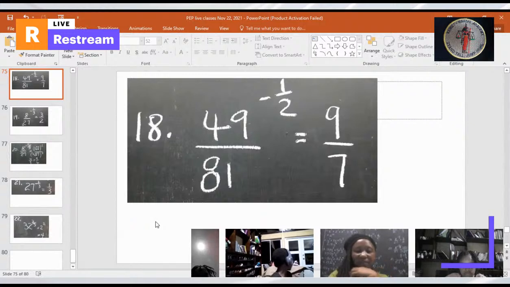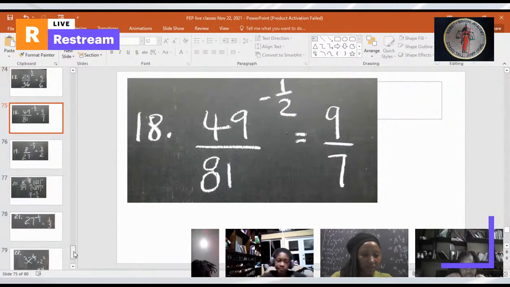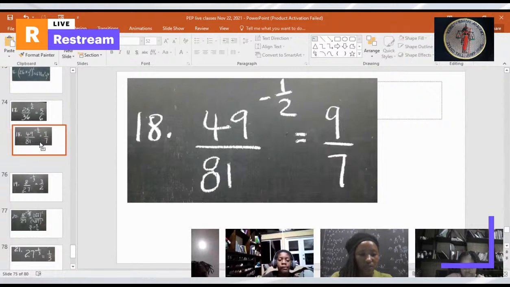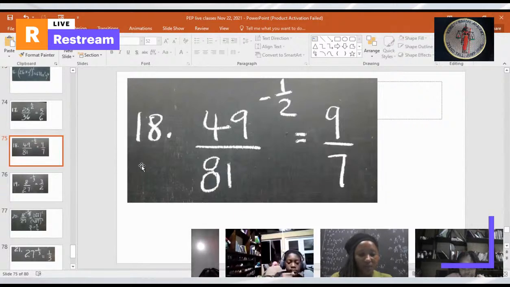By the way, that fraction should be in all brackets. Same for the fraction that we did prior to this one, right? We put it all in brackets to show that we're raising the entire fraction to the power. So it's 49 over 81, bracketed, raised to the power of negative a half.